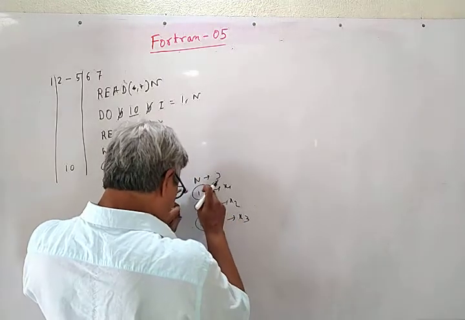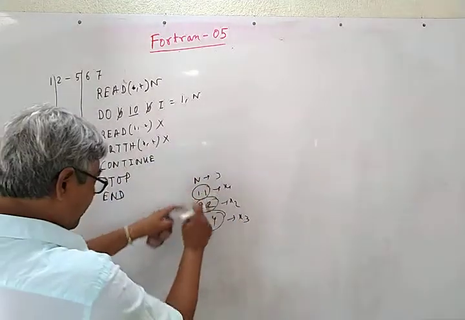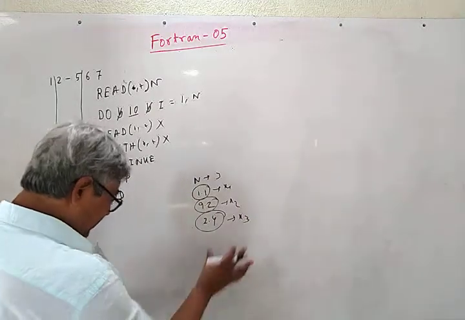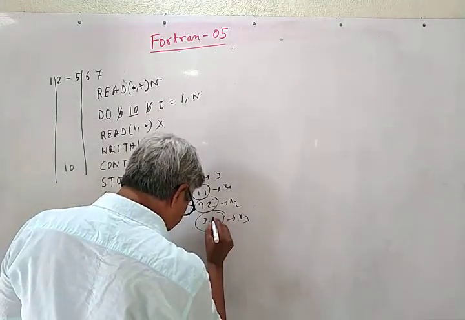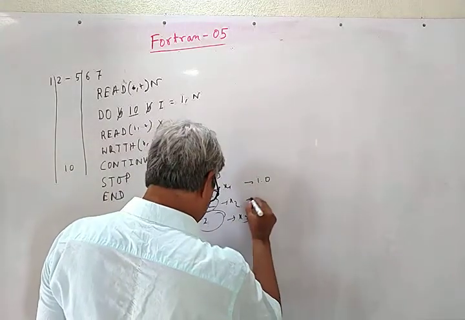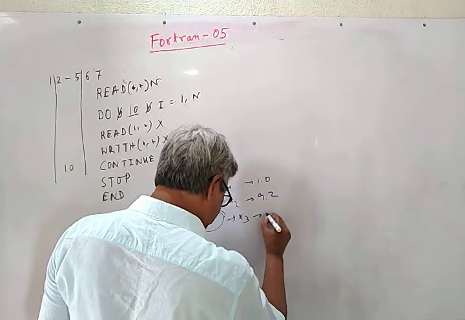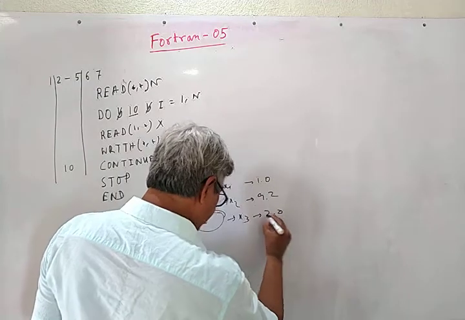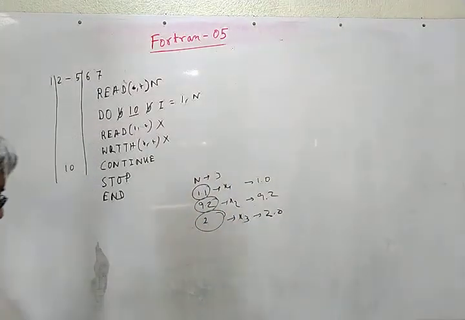So it first reads this 1.1 and writes 1.1. Let me change one thing, let me make it simply 2. So it writes 1.1, then 9.2, and lastly 2.0. Because x is real, it puts a decimal point on it. So this is the basic use of the do loop.